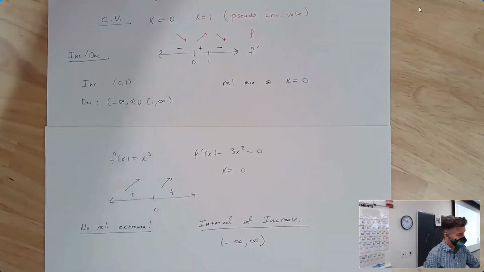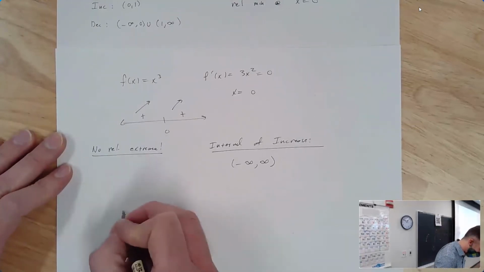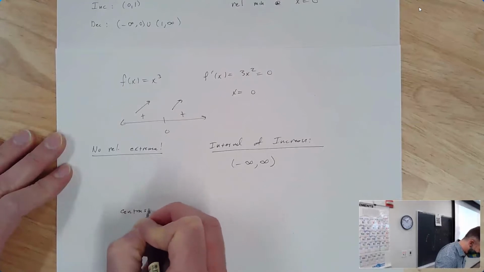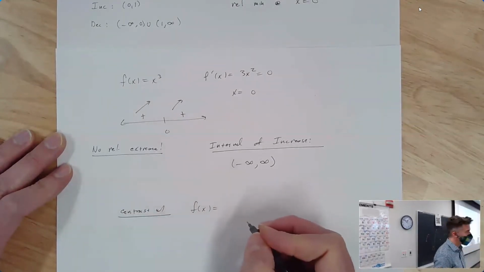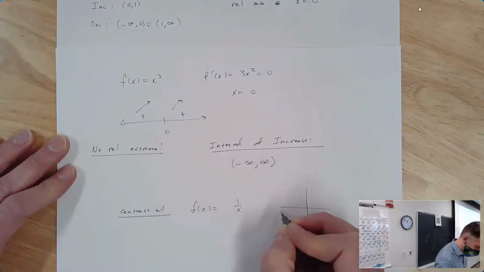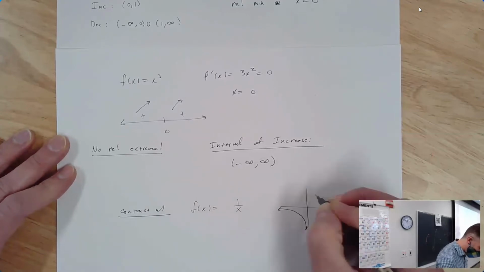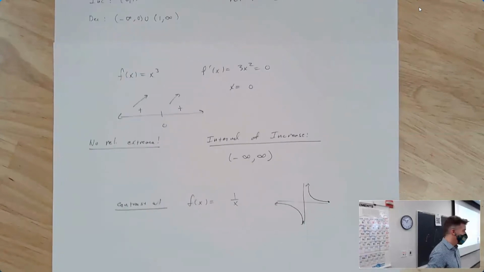I want to contrast this with f of x equal to, sorry, brain, yeah, 1 over x, why not? Which I'm just going to graph for you all. Looks like that, right?